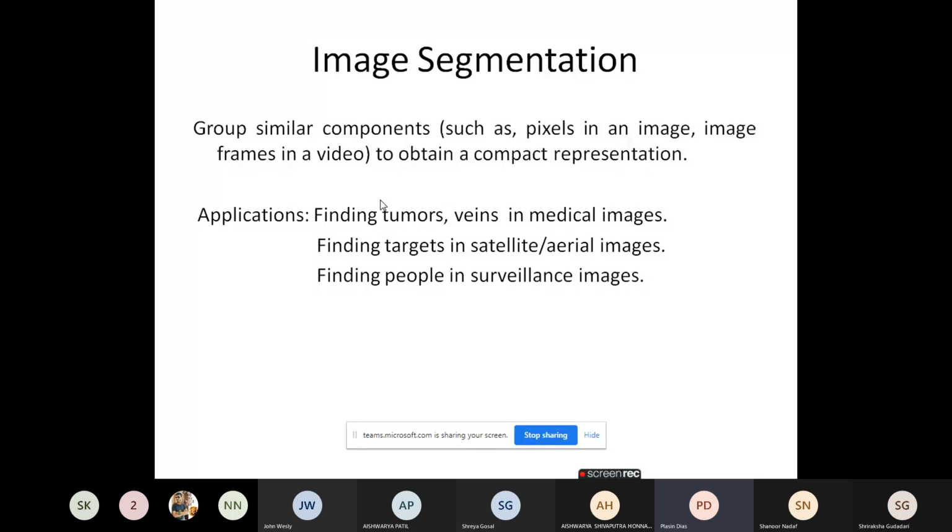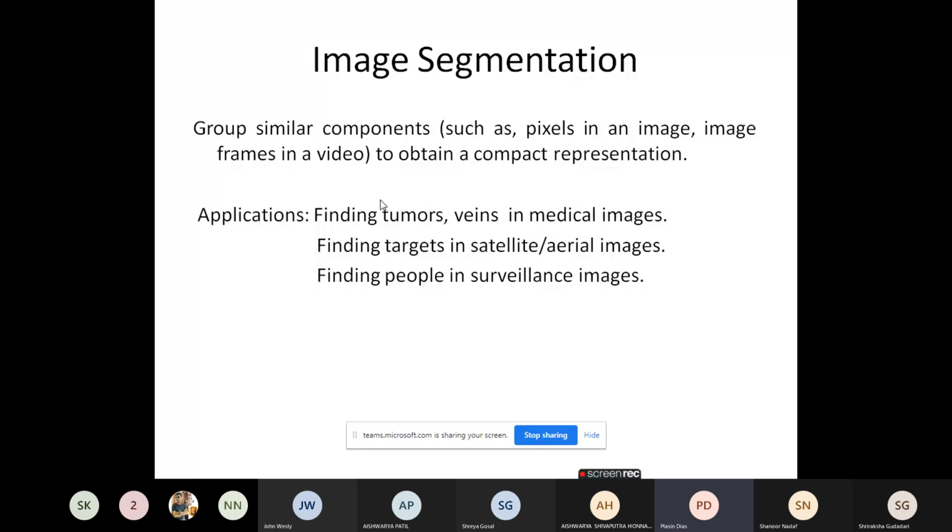Thresholding is also part of image segmentation, and the region based segmentation and the thresholding we dealt with previously are all part of segmentation methods, fine.